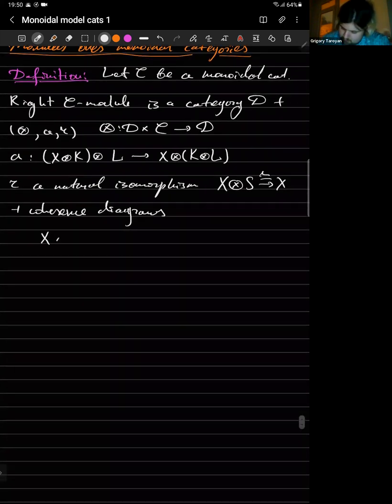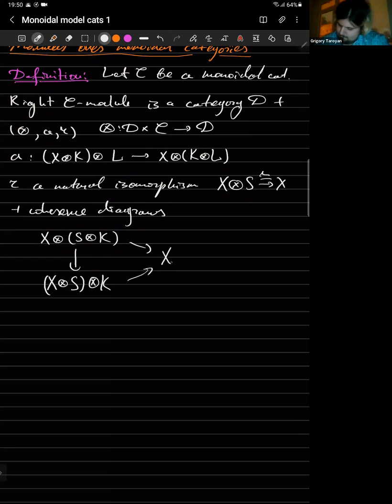For example, we should have the following. This one here is just D tensor the left unit inside of a monoidal category. Here we have an associator, or rather an associator to the power -1.